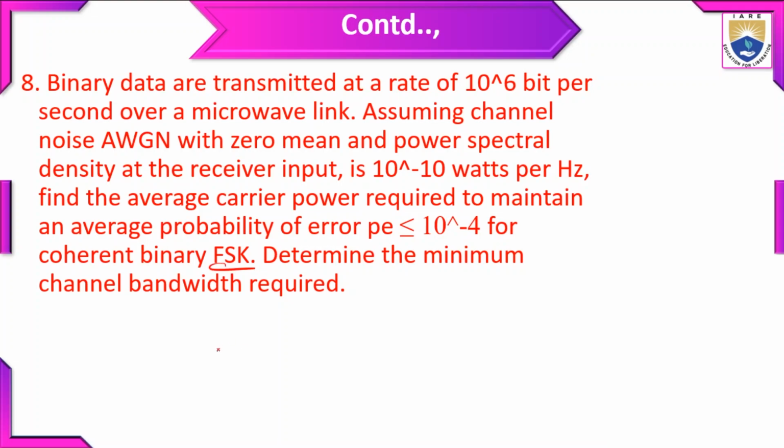So what is the binary FSK probability of error? That is equal to 1 by 2 erfc of square root of Eb by 2N0. But the probability of error must be less than or equal to 10 power minus 4. So this total value is going to be equal to or less than 10 power minus 4.